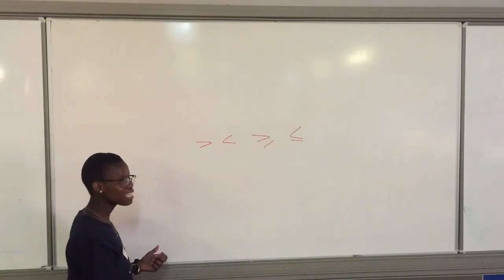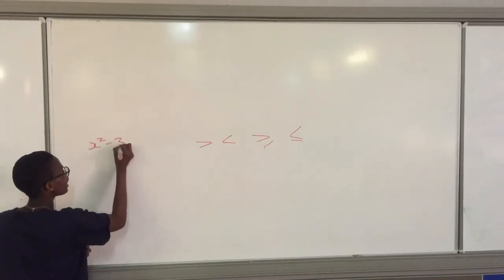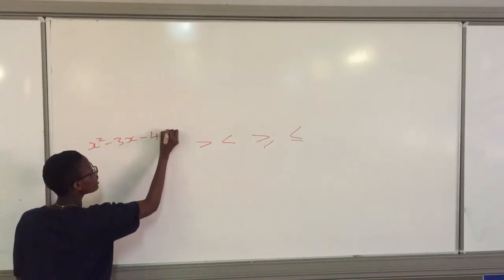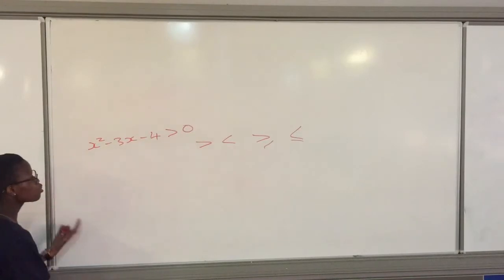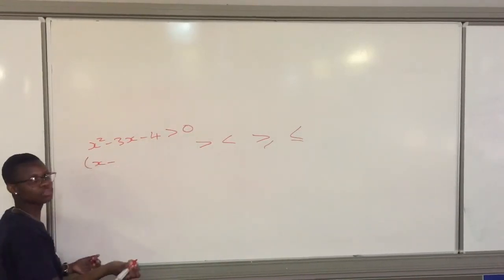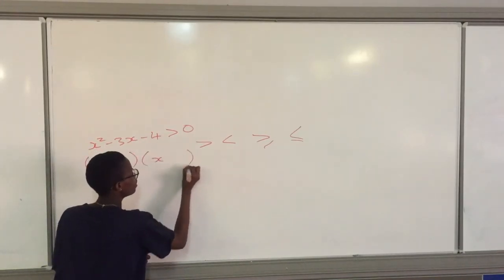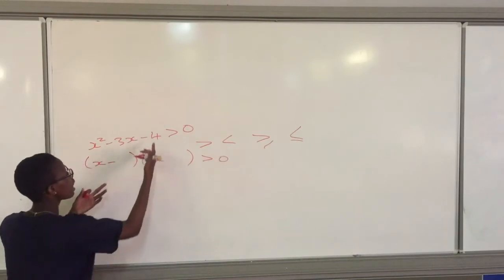So the last example under inequality, we can use x squared minus 3x minus 4 is greater than 0. What are we supposed to do here? First thing, you have to factorize. We had to think about this.